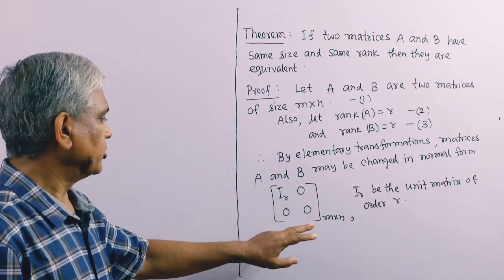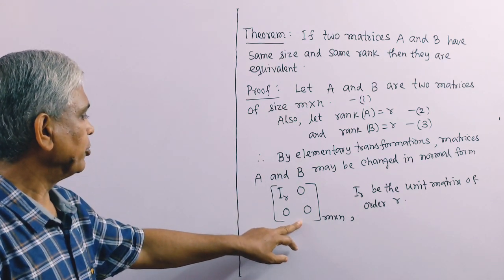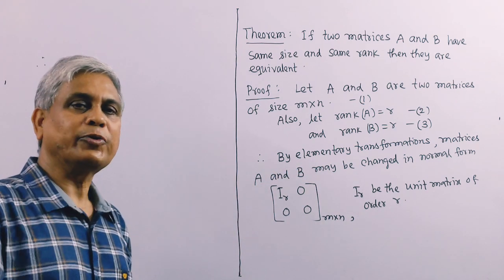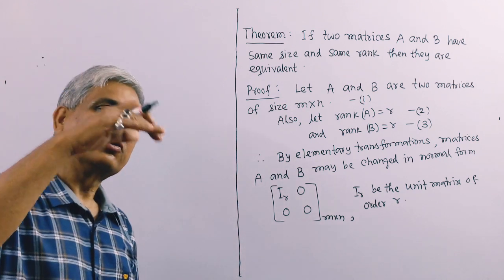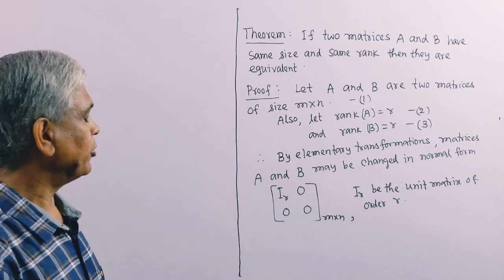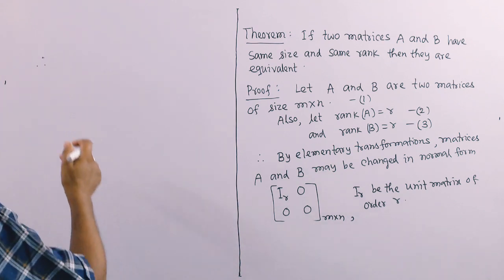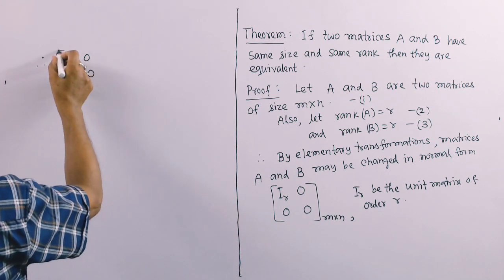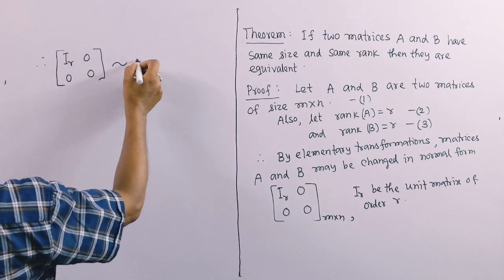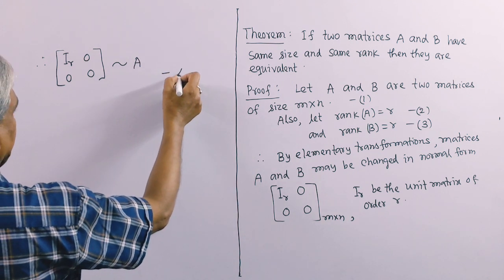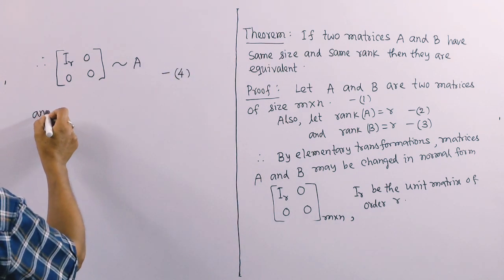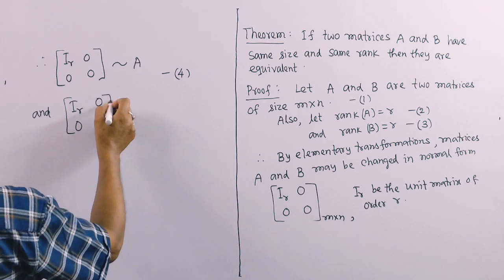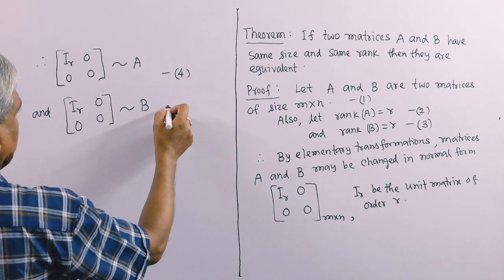Since this matrix is obtained from matrix A and matrix B by elementary transformations, that may be row transformations and column transformations, therefore [IR 0; 0 0] is equivalent to A, this is number 4, and [IR 0; 0 0] is equivalent to B, this is number 5.